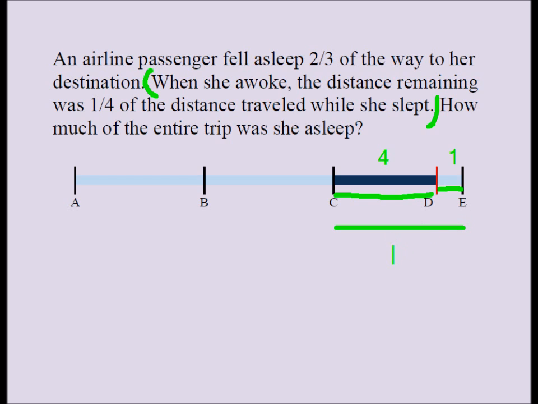We're going to write that here, 5 units. Well, this is 1/3, this is 1/3, this is 1/3. So this has to be another 5 units long, and this has to be another 5 units long.